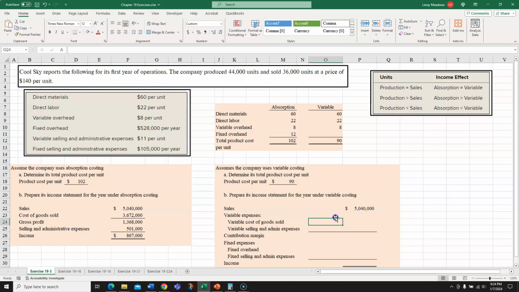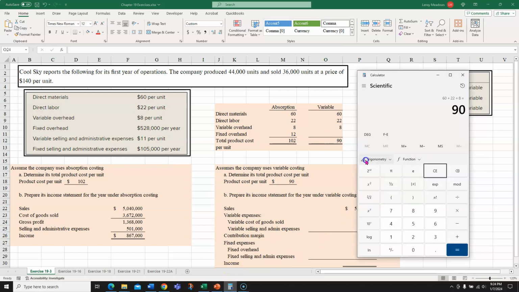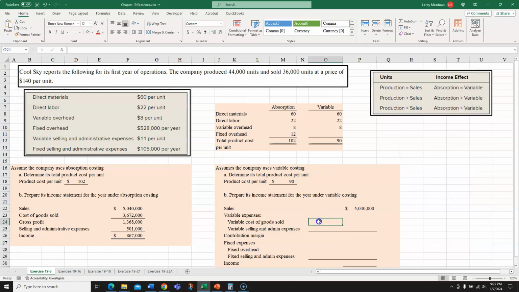Because we're doing a variable costing income statement, as opposed to the contribution margin income statement, we're going to separate the variable cost of goods sold from the variable selling and administrative expenses. My variable cost of goods sold is $90 times the 36,000 units sold, which gives me a total of $3,240,000.